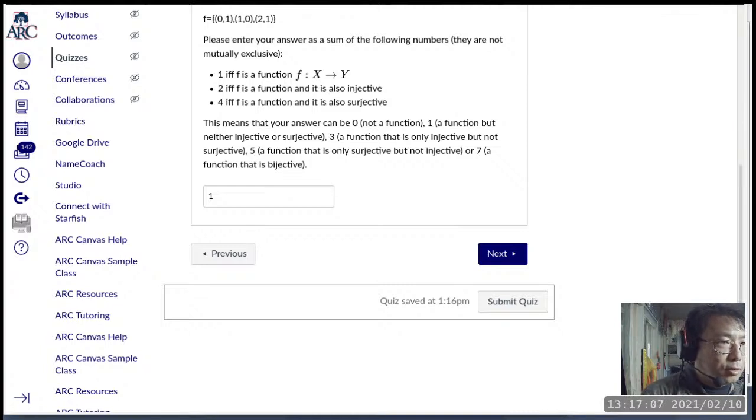So the question should read, for functions where the domain has the same cardinality as the range, which is the codomain, is it even possible for that function to be injective but not surjective? The answer is no. If a function has the same cardinality for its domain and its codomain, if it is injective, then it has to be surjective as well. So that's a good point, good observation there.